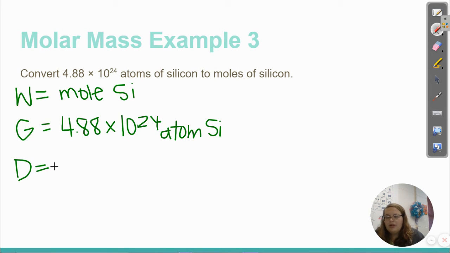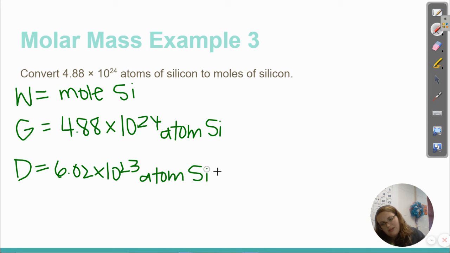So our data, we're going to use Avogadro's number, so 6.02 times 10 to the 23rd atoms of silicon equals 1 mole of silicon.